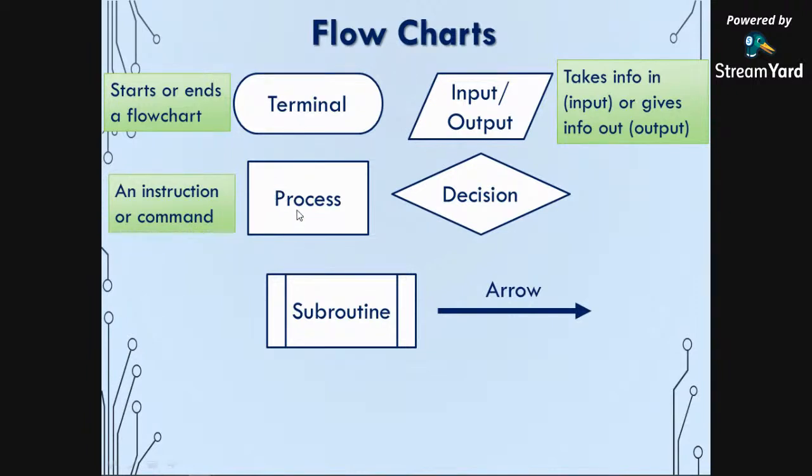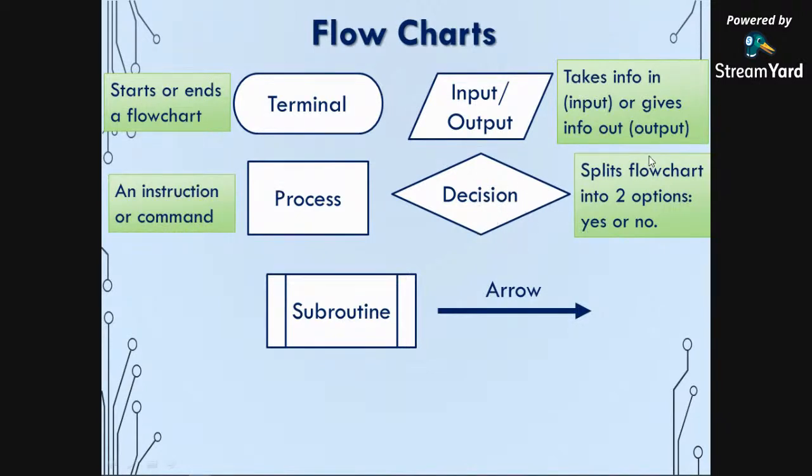Okay, so it's basically do this. Then this is a decision, which is the only shape which can have two arrows coming out of it. Every other shape can have more than one arrow going into it, but coming out of it can only have one arrow so that you know which direction you need to go.